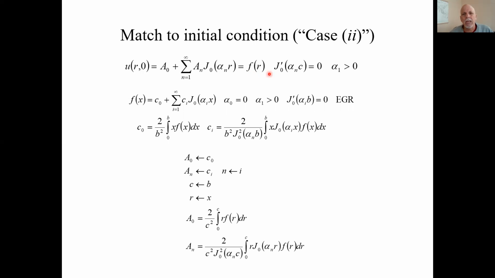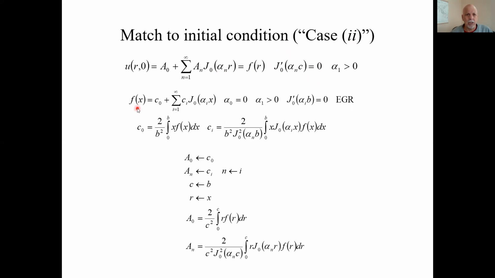So we need to expand this in a Fourier-Bessel series again, but remember how you do that. The form of the Fourier-Bessel series depends on the form of the eigenvalue generating relationship. With this kind of eigenvalue generating relationship, that is case 2.